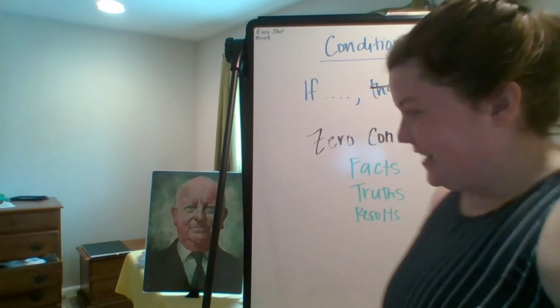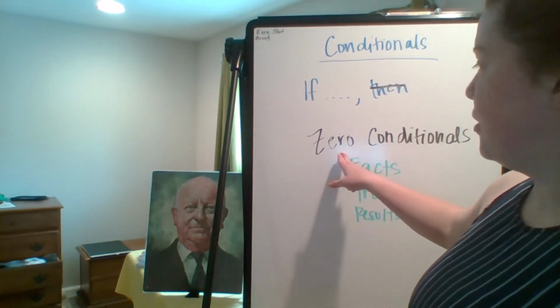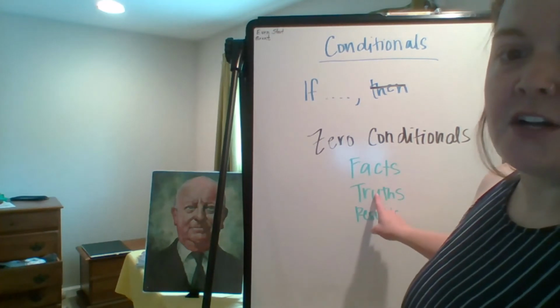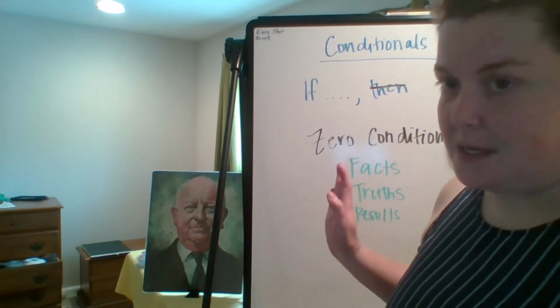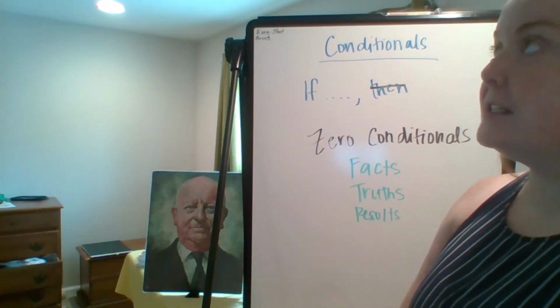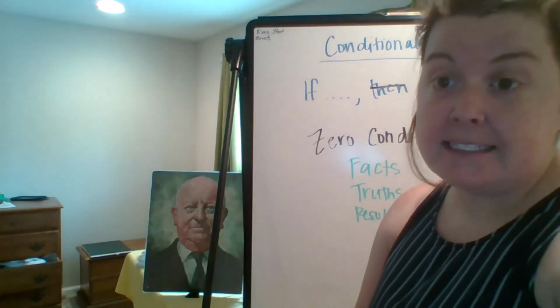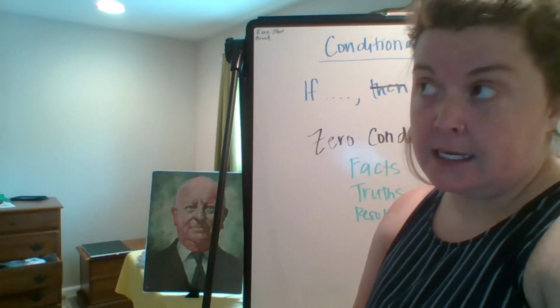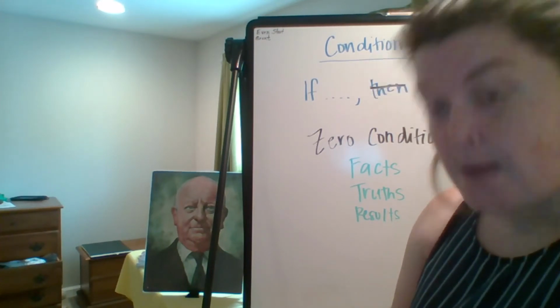All right. So today we're talking about 0 conditionals, which are things that are facts or truths or results. There's no maybe. Like this is true. Let's think of an example. If it rains outside, my car is wet.